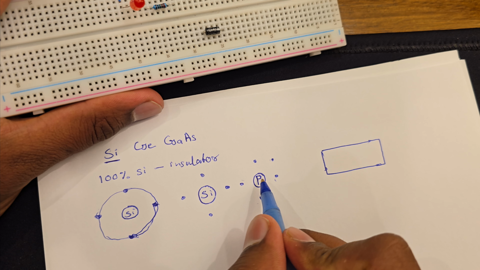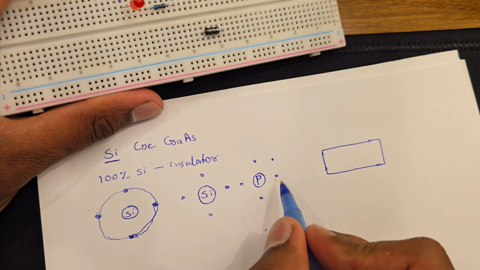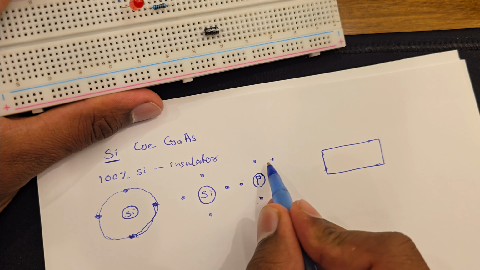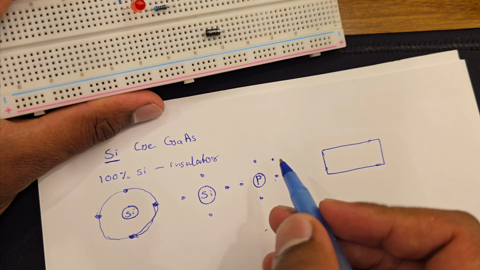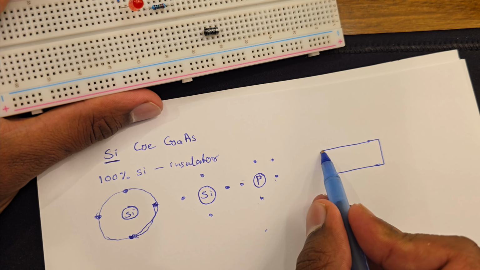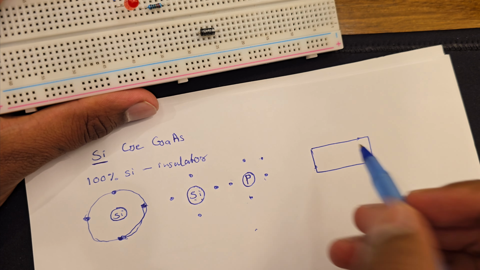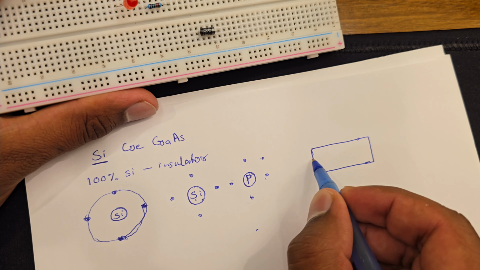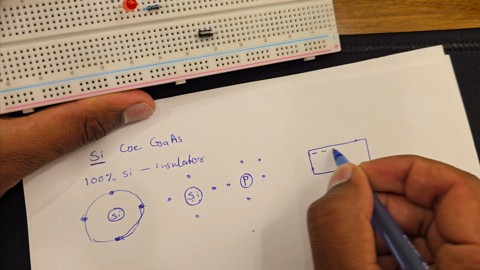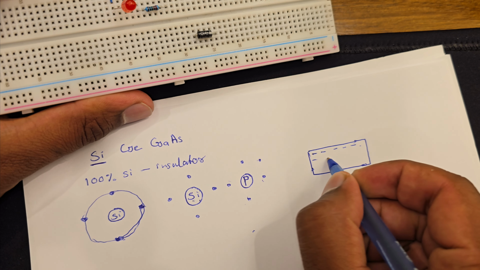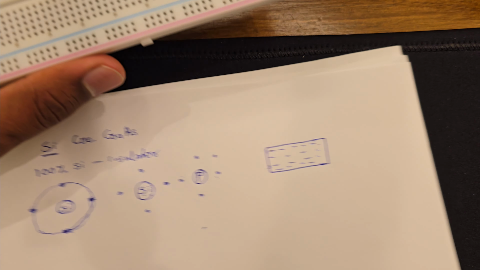We doped it with a pentavalent element, that's a fancy term, an element with 5 electrons on the outer shell. So when we dope a silicon crystal like this with phosphorus atoms, it ends up with many free electrons in the crystal lattice, like that. This negative sign shows a free electron, by the way.